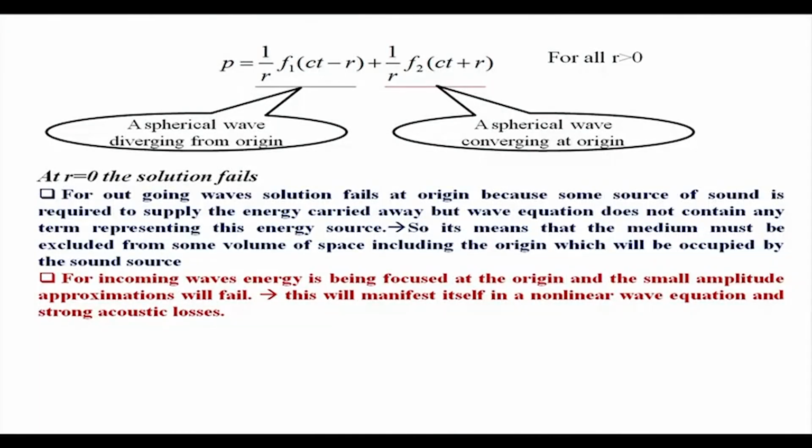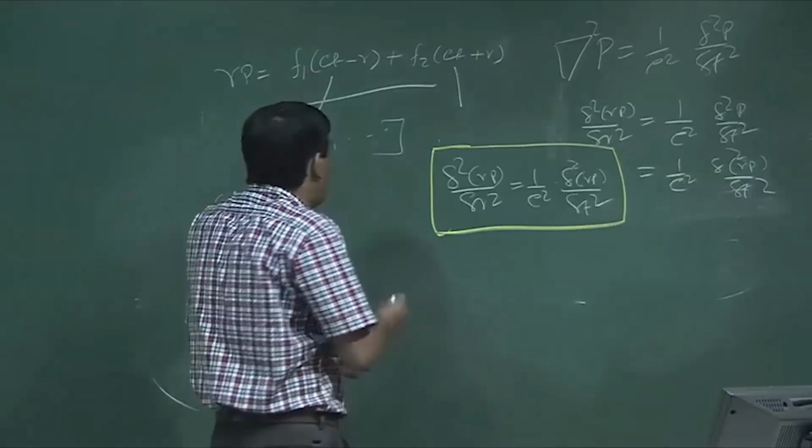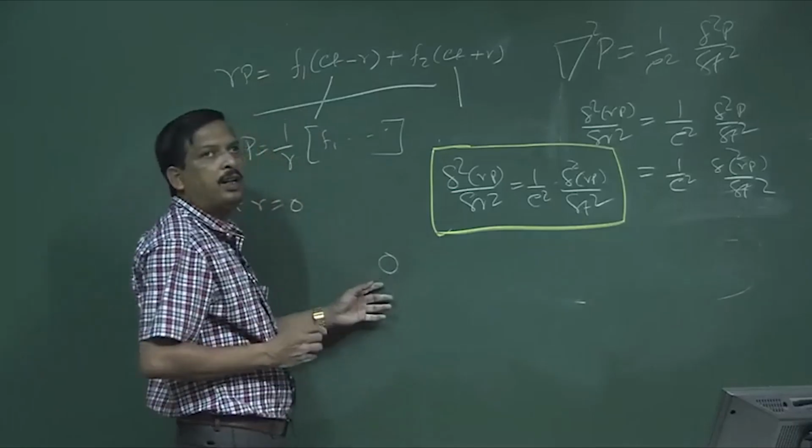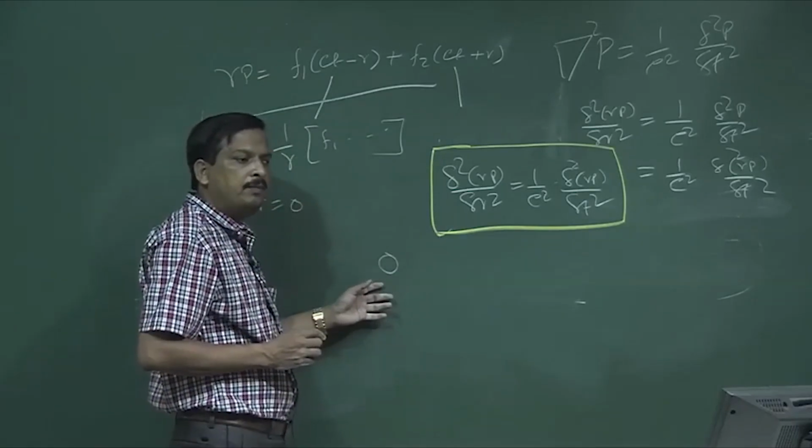The solution fails. For the outgoing wave the solution fails at the origin, because some source of sound is required to supply the energy carried away, but the wave equation does not contain any term representing this energy source. So it means that some volume must be excluded from the medium.